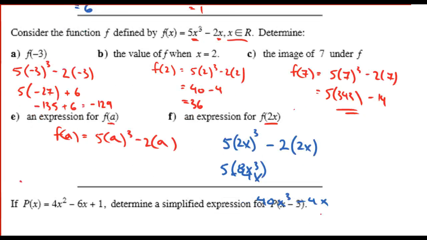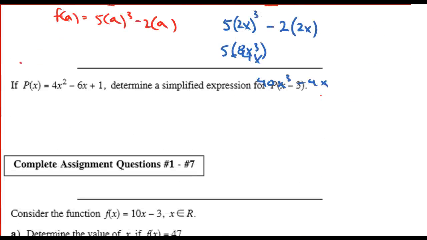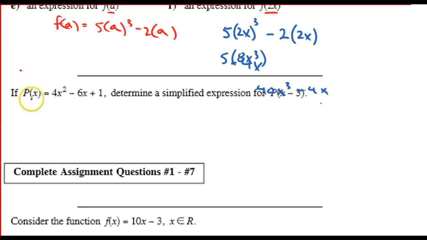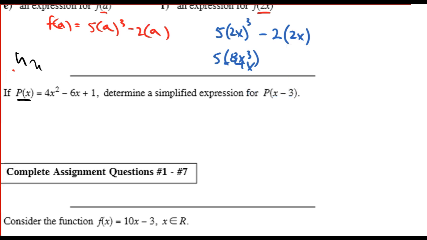Okay, moving on. Here's our function, p at x equals 4x squared minus 6x plus 1. Determine a simplified expression for p of x minus 3.